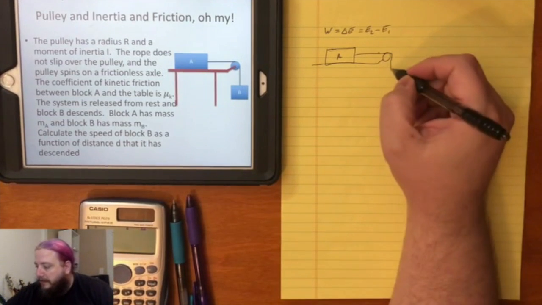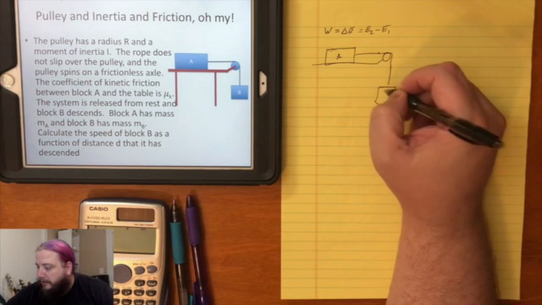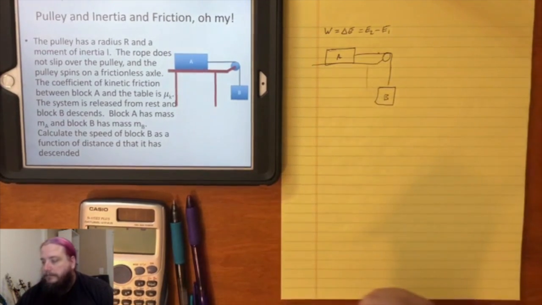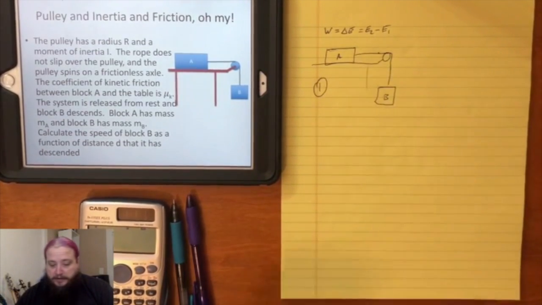Go around the pulley, and here's our box B. All right, so that's our initial condition, our moment 1.